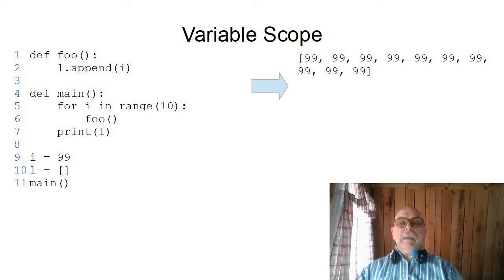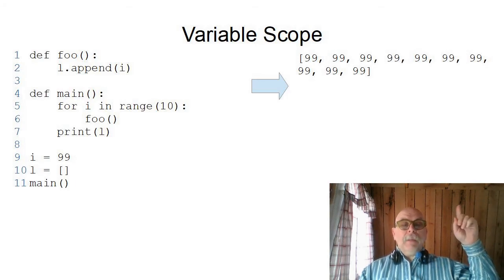And then in def main, I say for I in range of 10. Now, the variable I inside of main is not the global variable I, it's the local variable I belonging to main. So it loops 10 times, calling foo, which if you look on line 7, we print the list L after we loop through I 10 times.